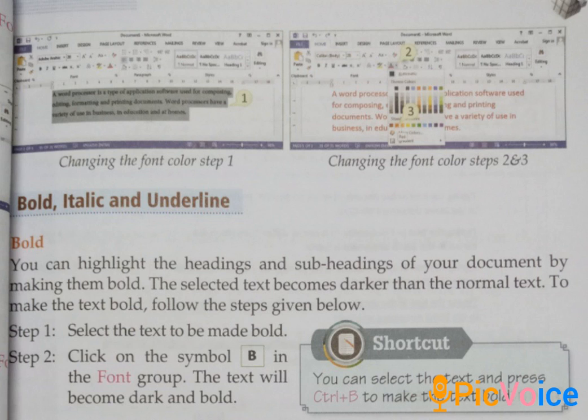Then the selected text will become dark and bold, and the shortcut key of the bold is Ctrl+B.